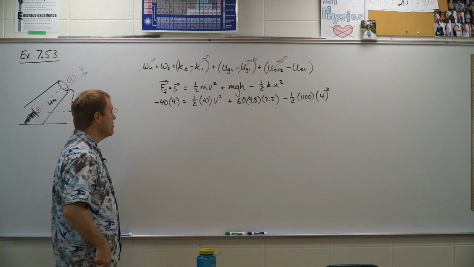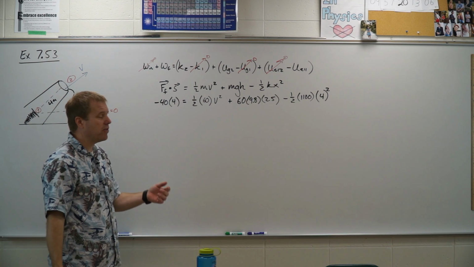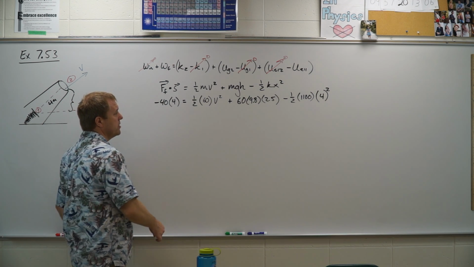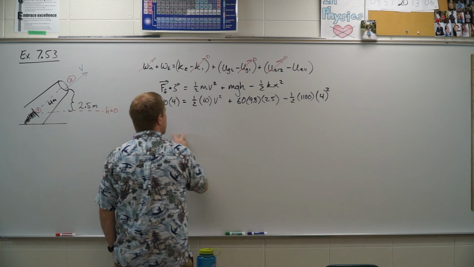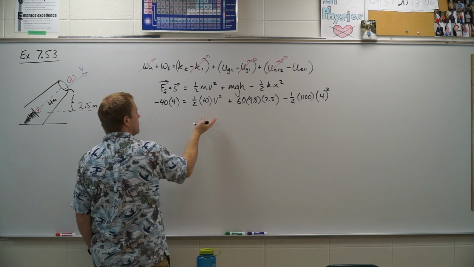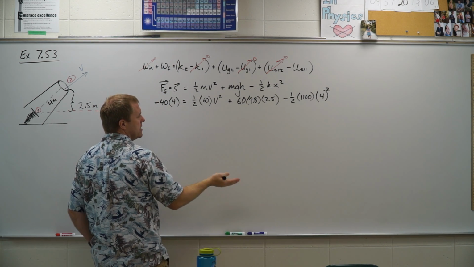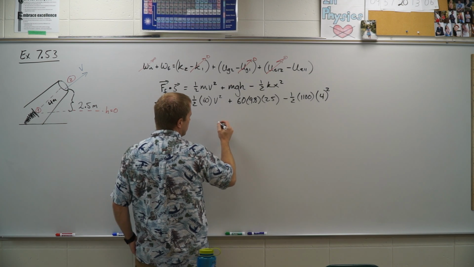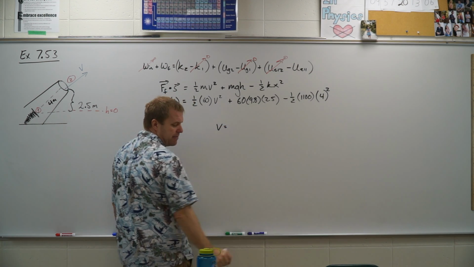To be honest with you, I just went ahead and plugged this into Solver on my calculator. But if you wanted to, you could add this over to this side, subtract this over, multiply by 2, divide by 60, take the square root, and see what you get. You should get the same number as me.